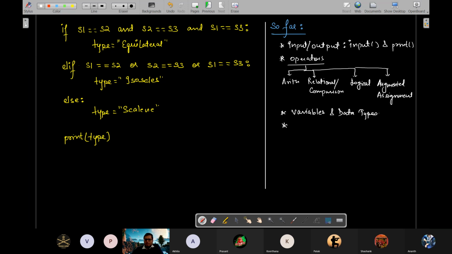Okay, then we have seen, we had started with flow control statements. Okay, and where are we currently? Flow control statements में, flow control statements are of a few types.